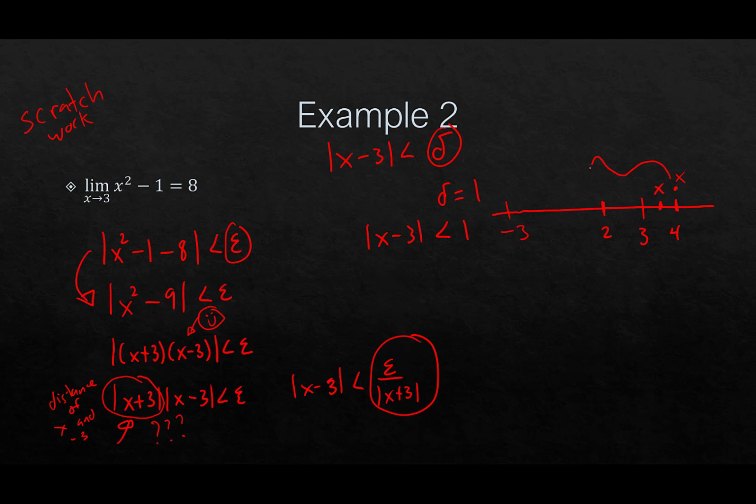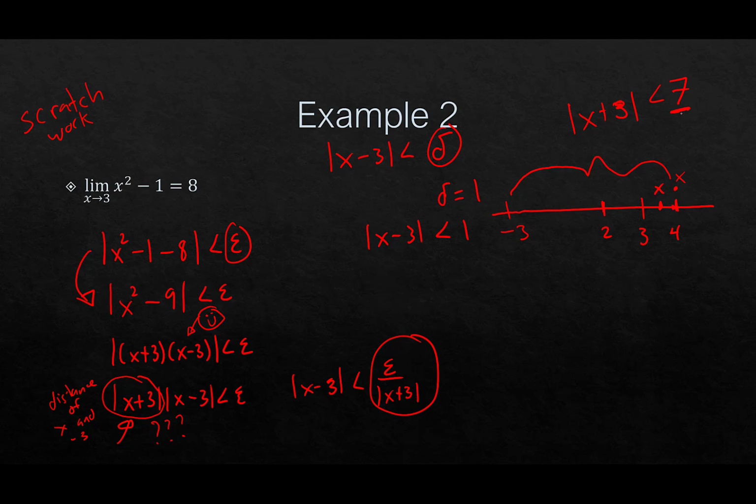Okay, so we know that if delta is 1, and so the distance between x and 3 is less than 1, we know that at worst the distance between x and negative 3 has to be less than, in this case, 7. Okay, because what is this distance right here? If x was all the way here, sort of at the border of 4 here, it's almost 7 away from minus 3. So the worst we could do is 7.